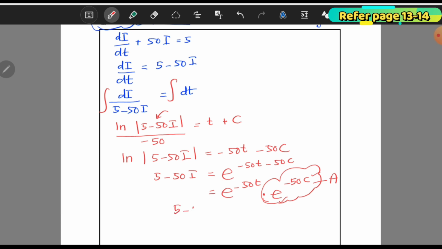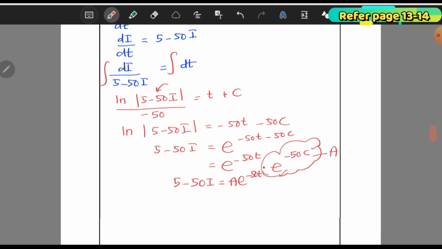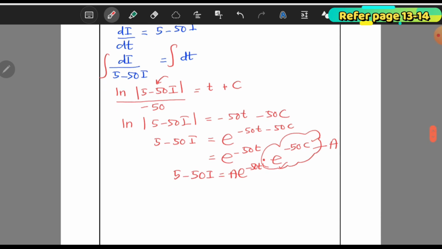So we have 5 minus 50i equal to a exponent negative 50t. And then we state i as subject. So we have i equal to 5 minus a exponent negative 50t, then divide by 50. So this is the general solution.